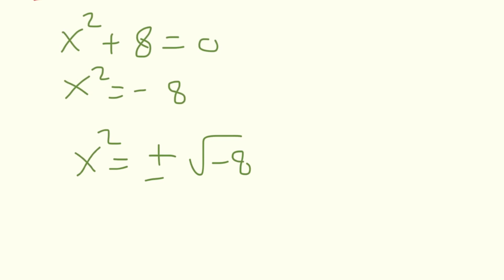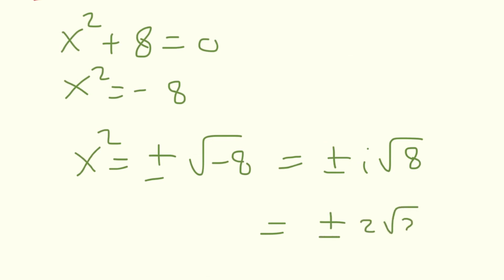But what about the square root of minus 8? There is an i, exactly. The minus will come outside as i. Plus and minus i radical 8. So the minus comes out as i, and then you simplify the 8 as we did before, which is 2 radical 2 i. That's the final answer at the end.